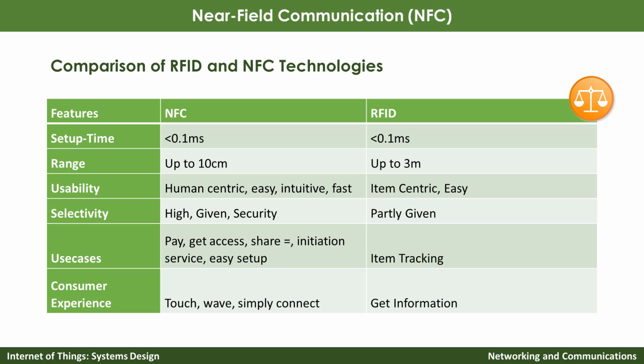Range, the values don't really matter, but RFID typically has more range than NFC, because NFC is supposed to be very close contact. RFID is supposed to be a little bit more long range compared to NFC, because you don't want to put every object very close to the reader to track it.